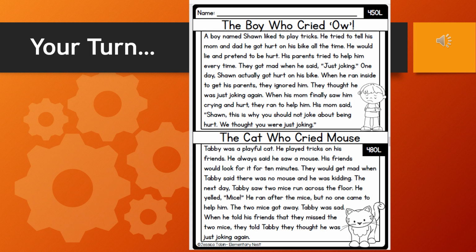Now it's your turn. These two stories have things that are the same and things that are different about them. I'm going to read you the stories, and then your assignment for Monday, March 23rd, is to go into the collaboration space for reading and type what is the same and what is different about these two stories.